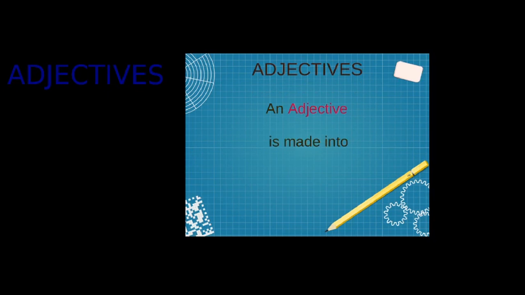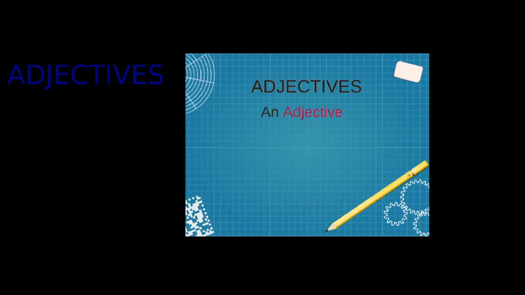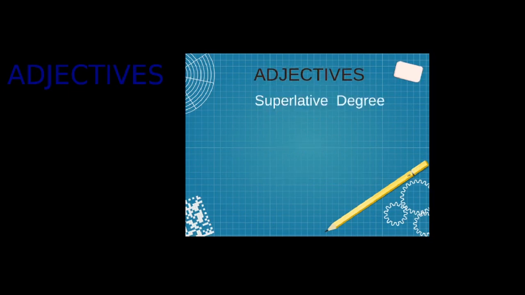How is an adjective made into its comparative degree? What is the most common rule? The most common rule of making a comparative degree is by adding er to the positive degree. And how is an adjective made into superlative degree? We made comparative by adding er, right?